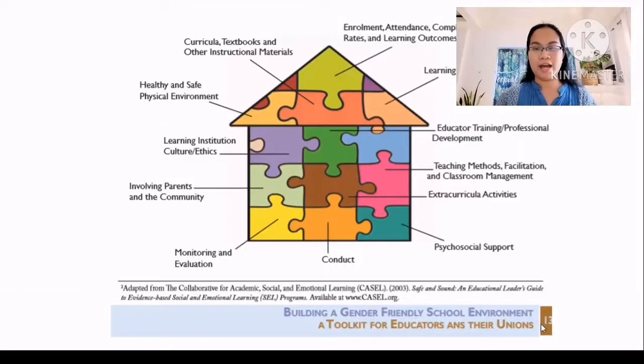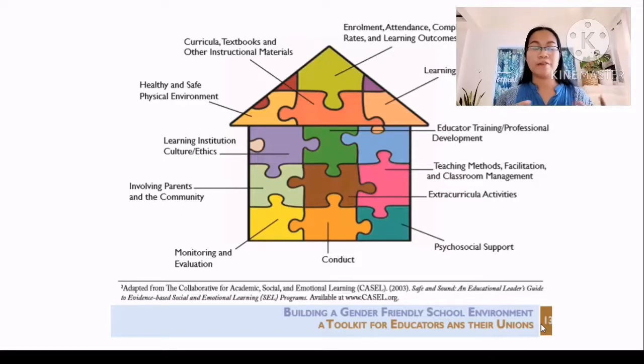Okay, if we have to look at this puzzle or if we have to look at this building, it also includes monitoring and evaluation, involving parents and the community, learning institution, healthy and safe physical environment, curricula, textbooks, other instructional materials, enrollment, attendance, completion rates, and learning outcomes, learning institution access, educator training, professional development of the teachers, teaching methods that we use in the classroom, facilitation and classroom management, extracurricular activities, and psychosocial support.